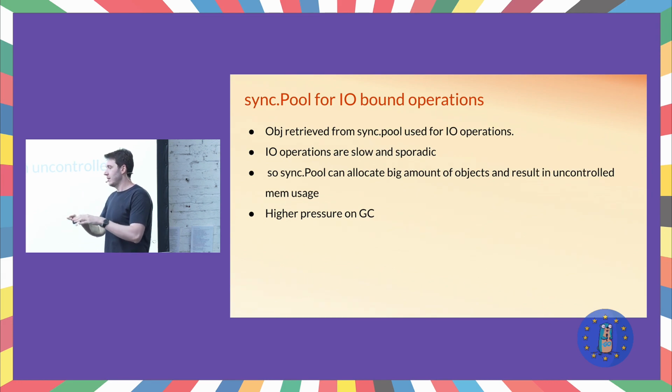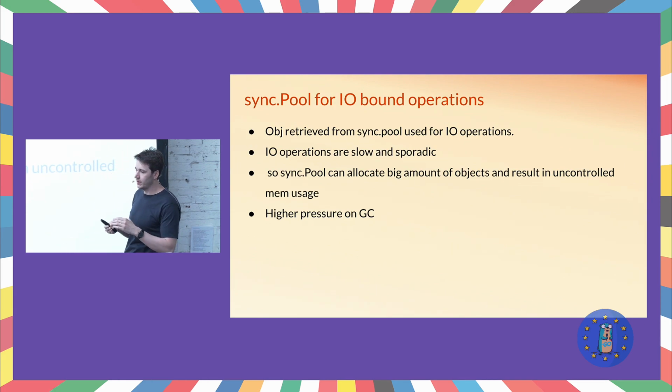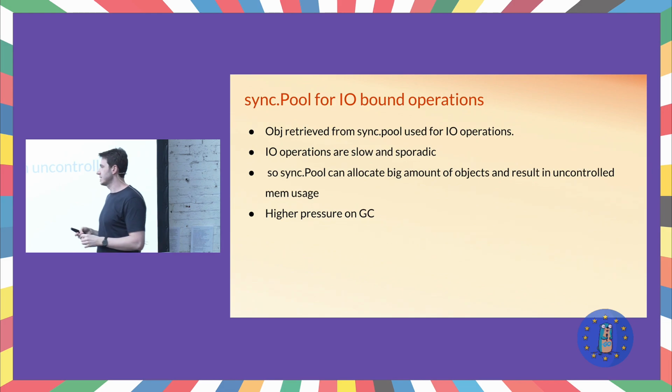In this case, you can end up with higher memory usage than expected, or with bigger amounts of objects in sync pool than expected. So it's better to stick to the ideal case where the number of calls to get and put is balanced. This is how you get the best performance from sync pool.